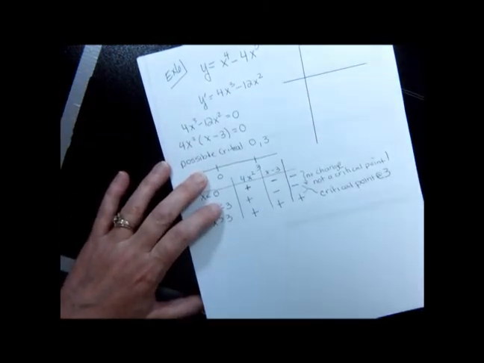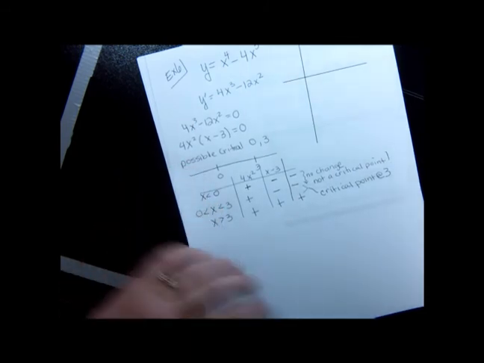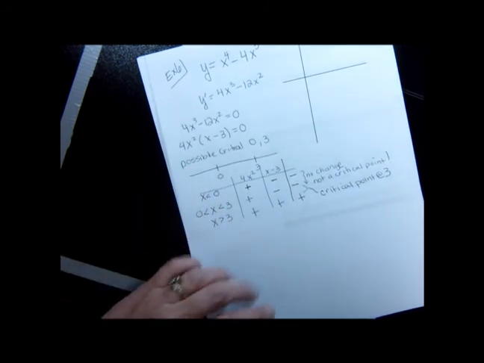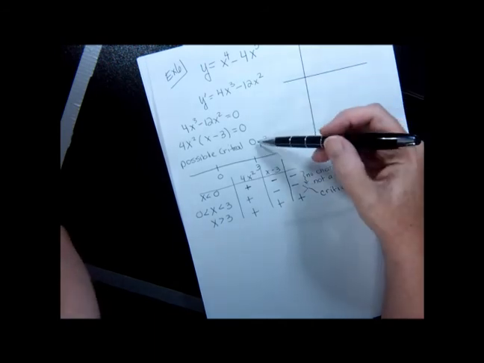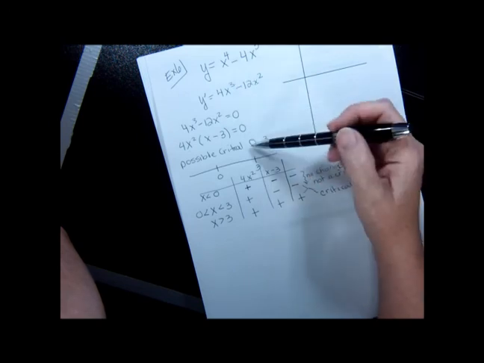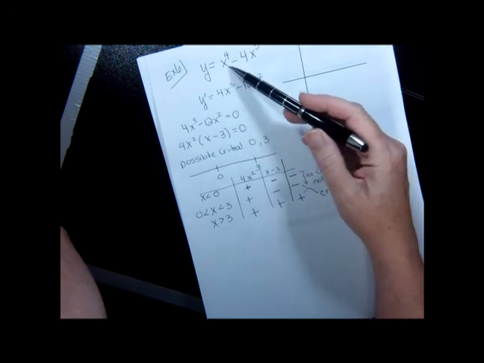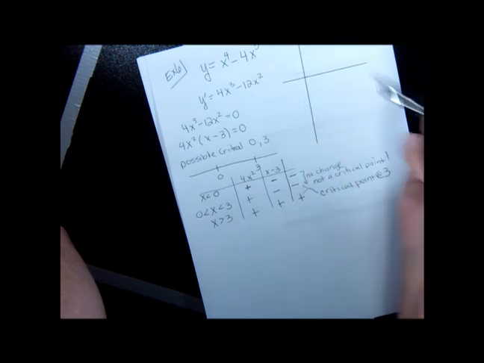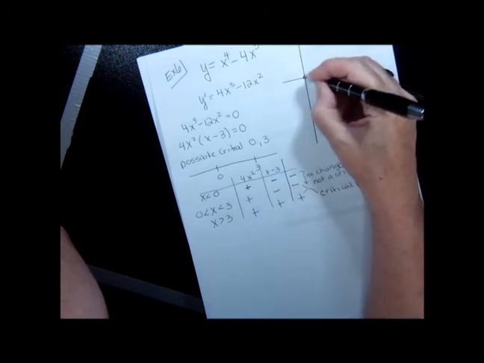Now, I should probably figure out what those values are at these possible critical points. So if I'm going to go back to my original equation and plug in 0, then I will get 0. So I know there's a point right here.